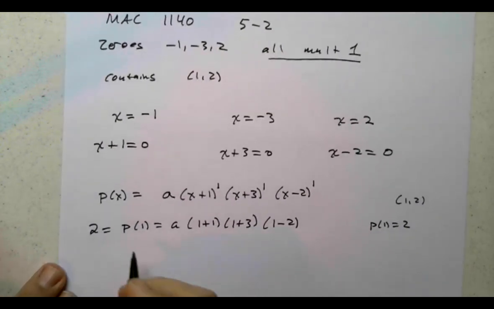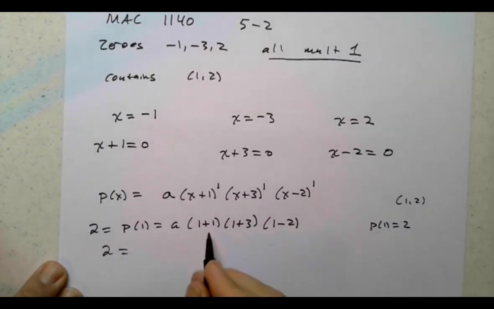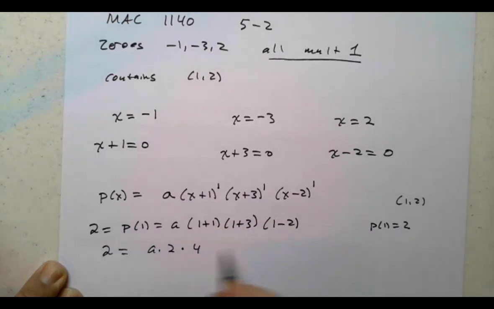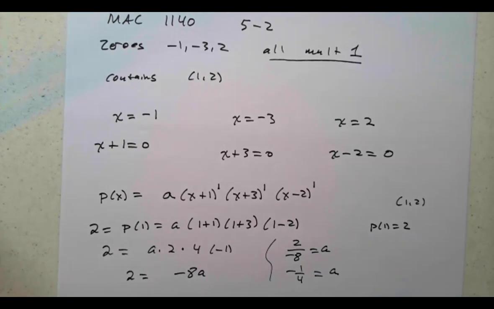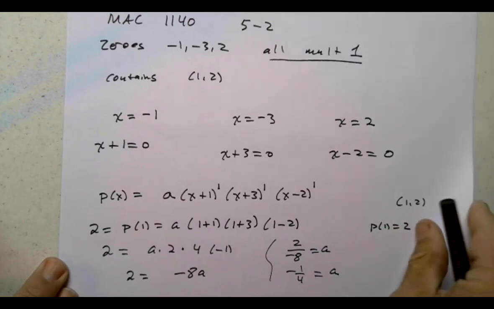So where does that bring me? 2 equals a times 2 times 4 times -1. So 2 equals -8a. Dividing both sides by -8, 2 over -8 equals a. So -1/4 is a. Now remember, we had p of x is a times (x plus 1)(x plus 3)(x minus 2).